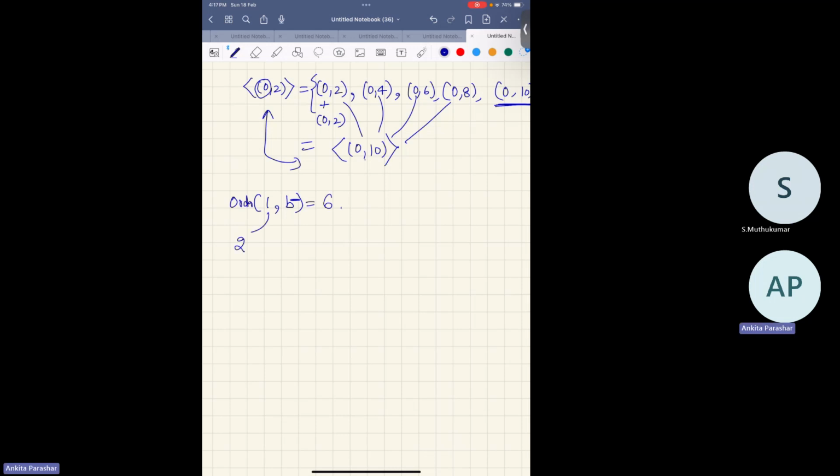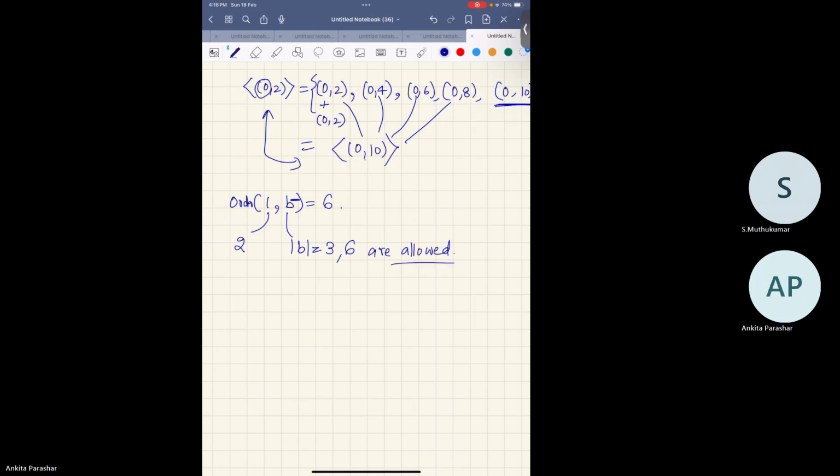This has order 2. What should I choose this order as? LCM 3. Yeah, you can choose 3. You can also choose 6, right? So order of B is what is allowed. Order 3 and order 6 are allowed. Is it okay?